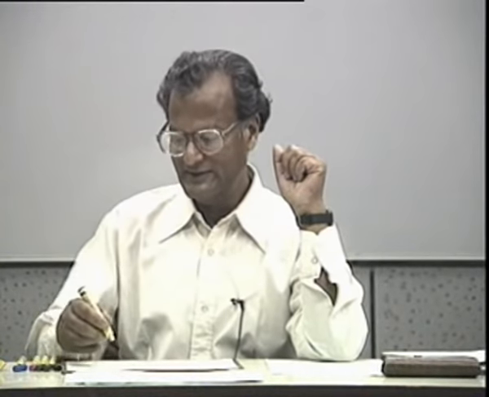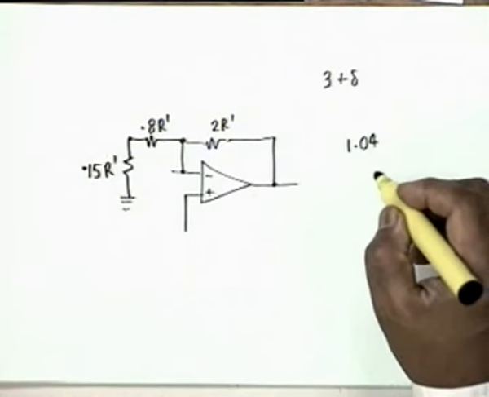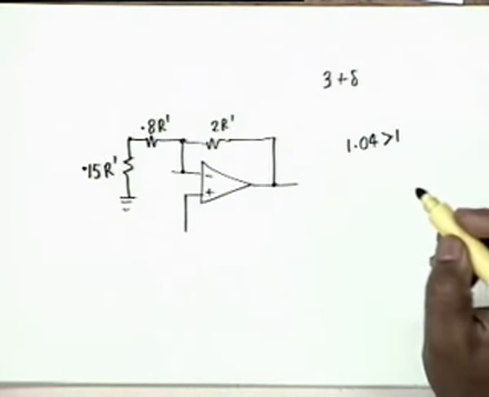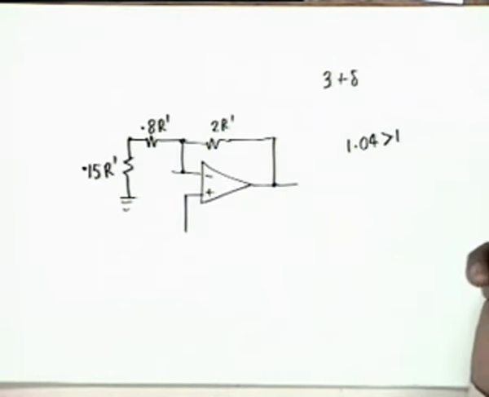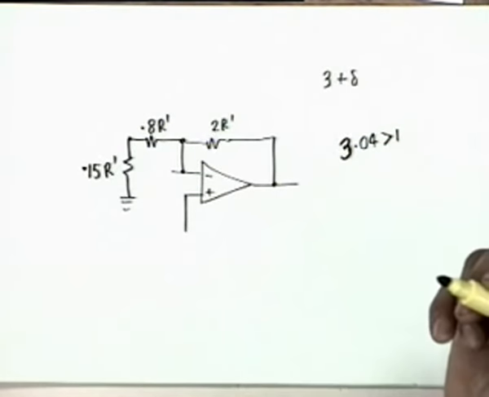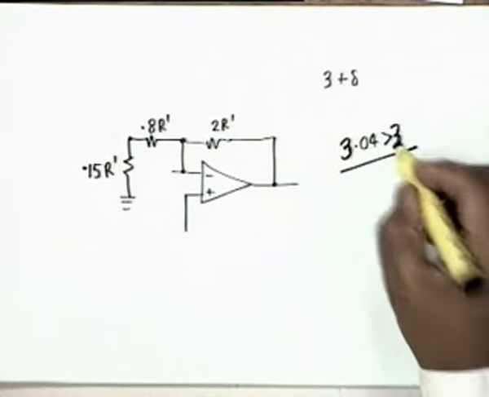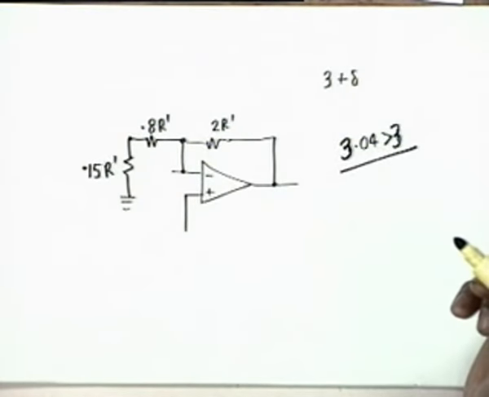If you find the gain is 1 plus 2 by 0.95, so it is slightly greater than 1, and the gain happens to be 3.04, slightly greater than 3. The gain is 3.04, greater than 3, and the oscillation starts.